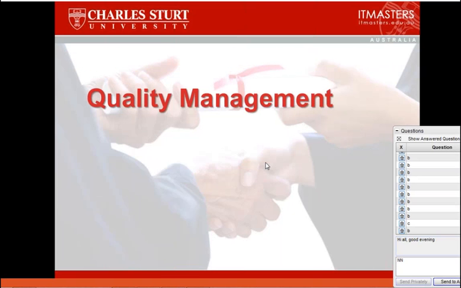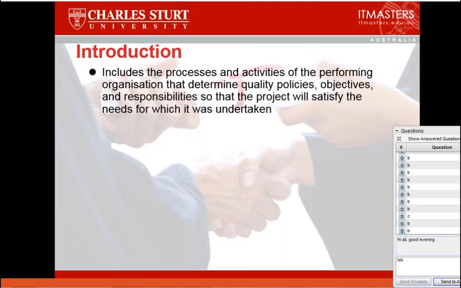Now let's move along to the next knowledge area, and that's quality management. I think this particular point here is the first paragraph in PMBOK. It says it includes the process and activities of the performing organization. Notice the words performing organization.